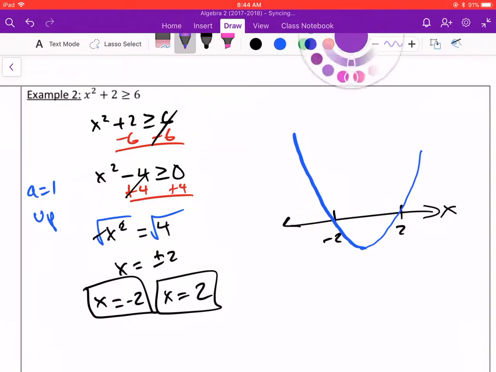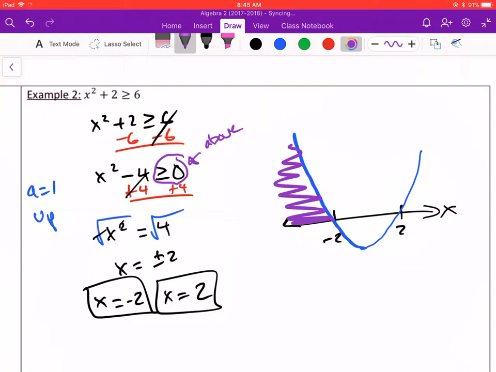And now you want to look at what the question is asking for at 0. Well, it's asking for when is it greater than 0. All right, so that is above 0. So when do you see the line go above 0? Well, out here, when you go below -2, and when you go above 2. That's when it's greater than 0.